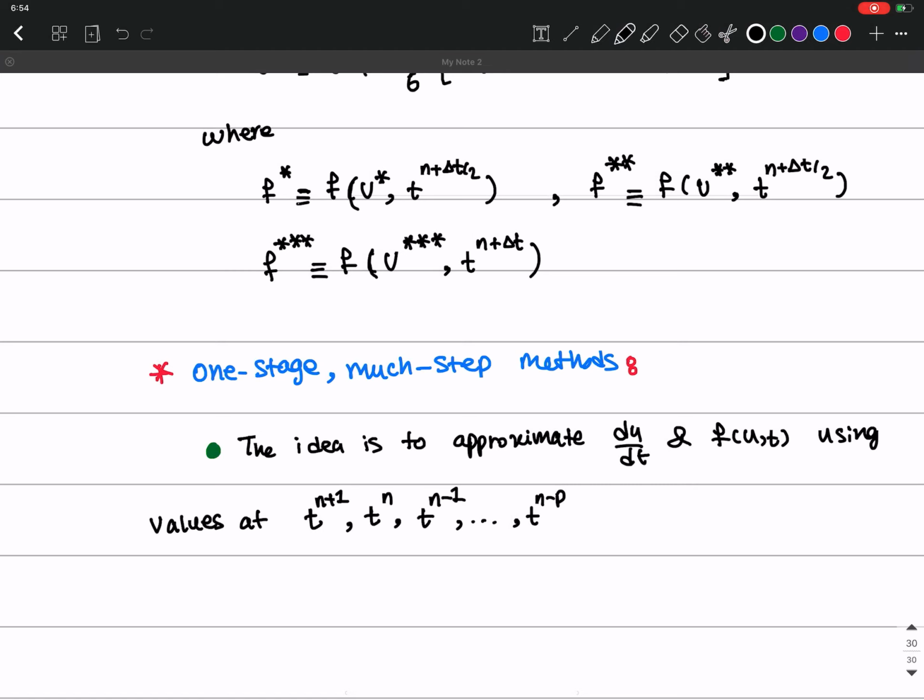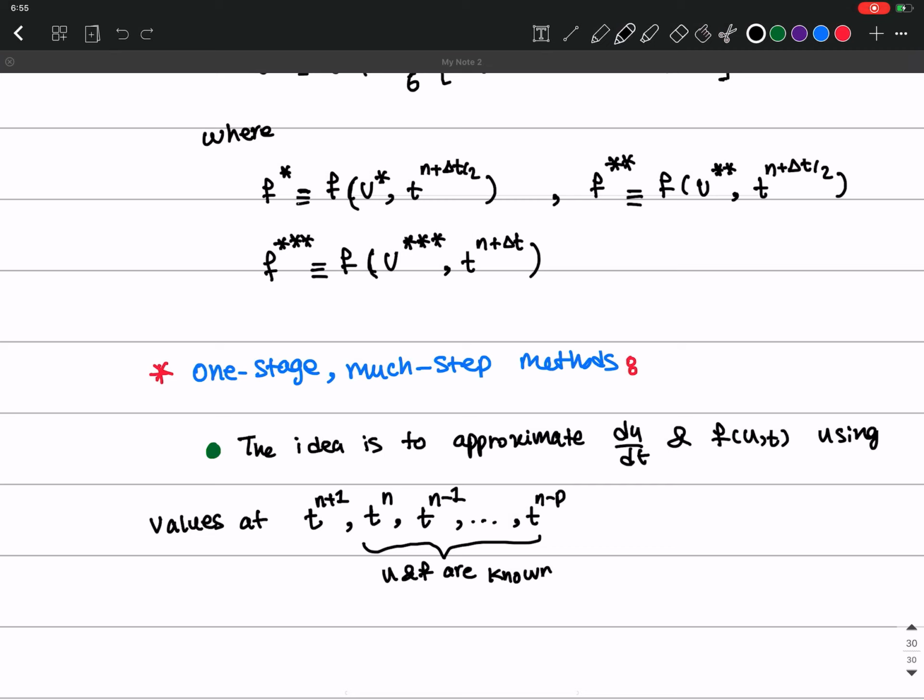Okay, so these are tn to tn minus p. u and f are known here, right? We know them from previous steps, and we only don't know u at tn plus 1 and f at tn plus 1. Okay, so these are the steps that we already know, and these are previous steps.